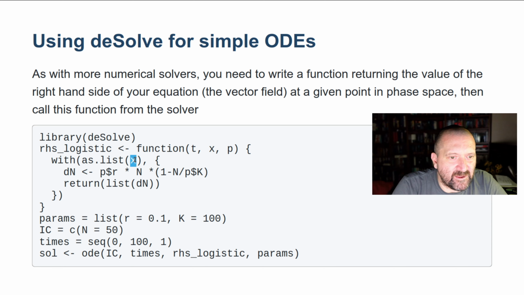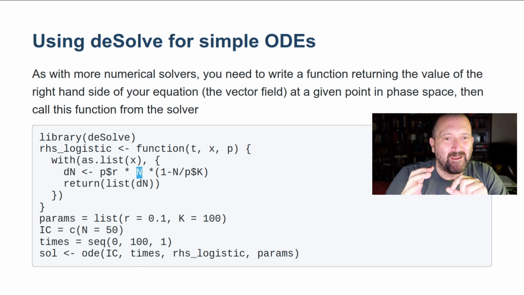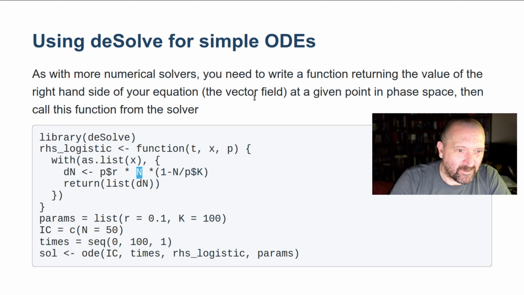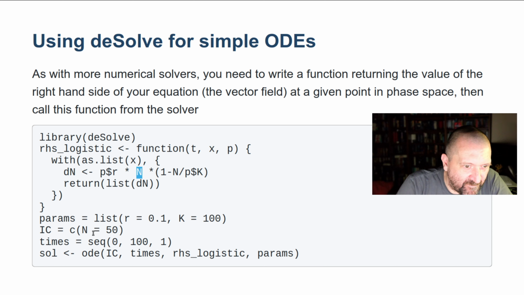And when I use with as list, it gets in x the n. So I don't have to say n is equal to x of 1. Automatically, with a named variable in the initial condition and the as list here, that n is tracked down to that initial condition.